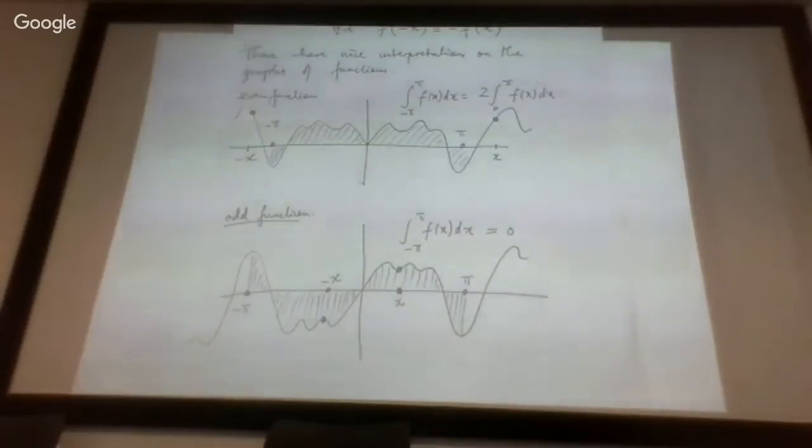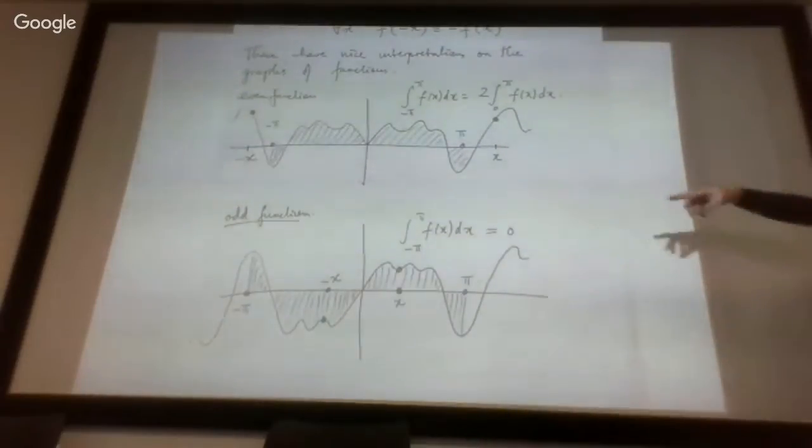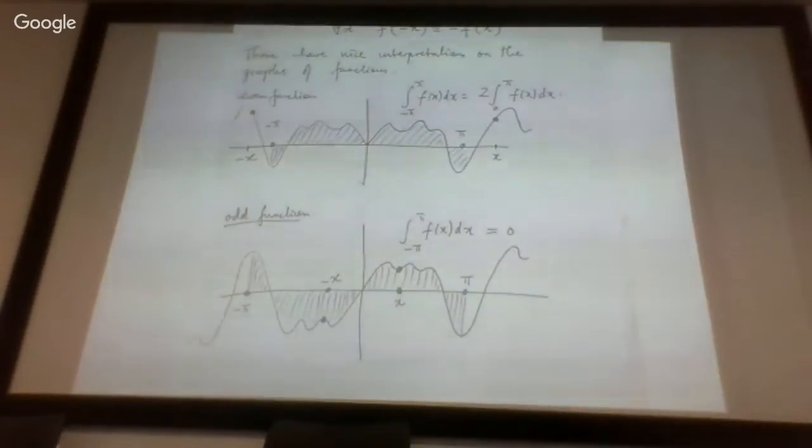For the other coefficients, the a_n's and the b_n's, we have to integrate the product of this objective function f with either the corresponding cosine function or the corresponding sine function.